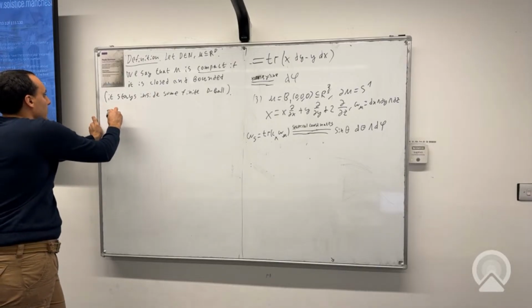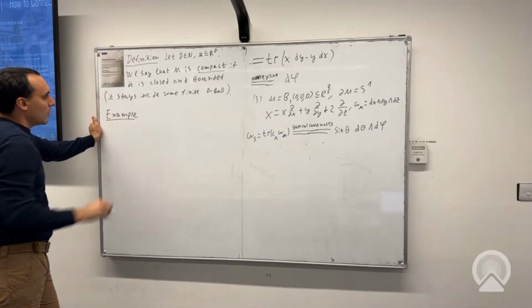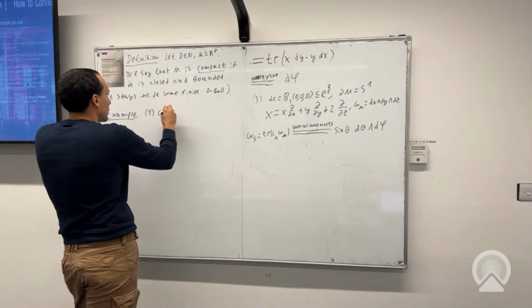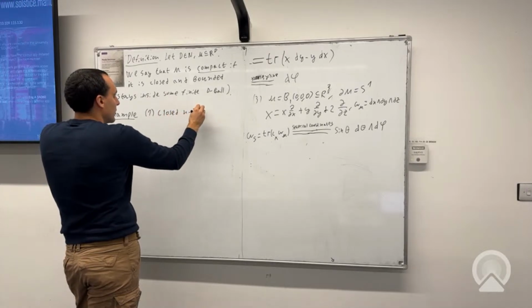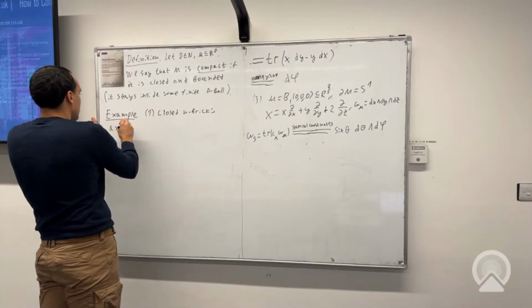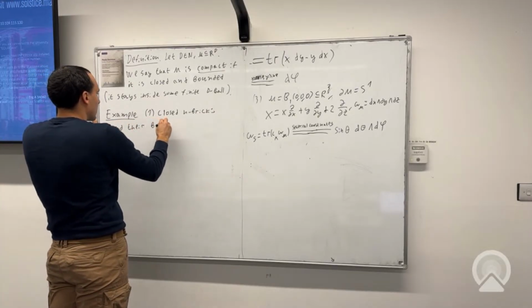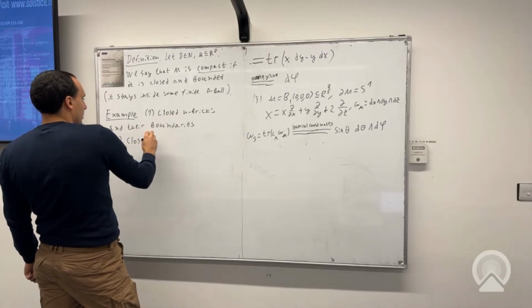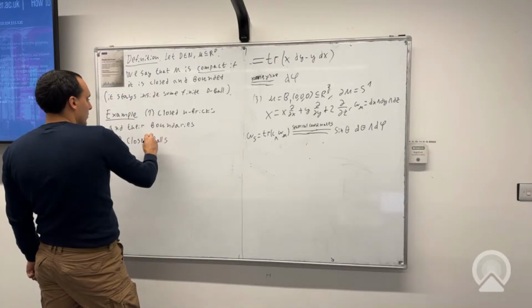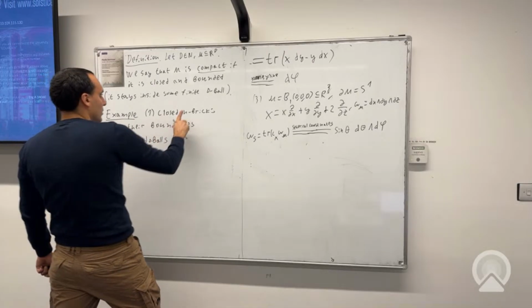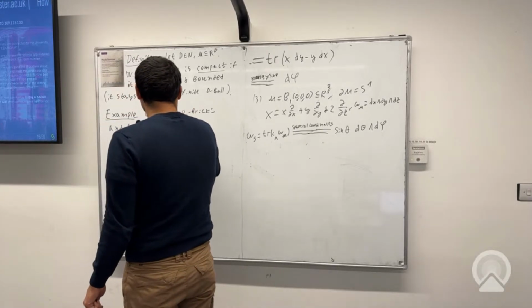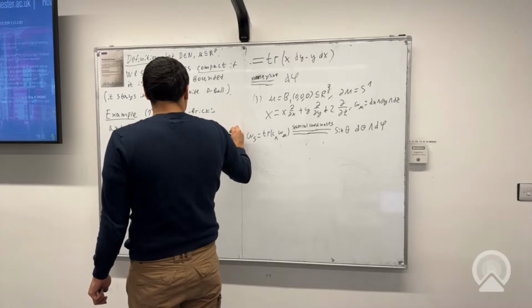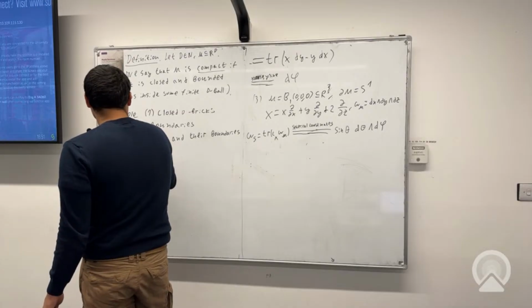Examples: closed n-bricks and their boundaries, and closed D-balls and their boundaries, which are (D-1)-spheres.